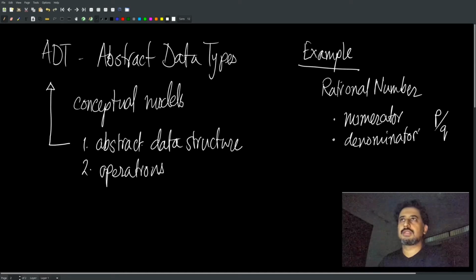Or in other words, just call them fractions. I think it's so much easier that way. So just to give you an example, 1 by 3 is a rational number, and 2 by 5 is also another rational number.